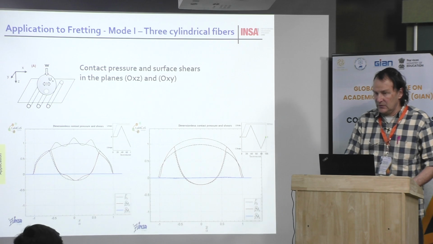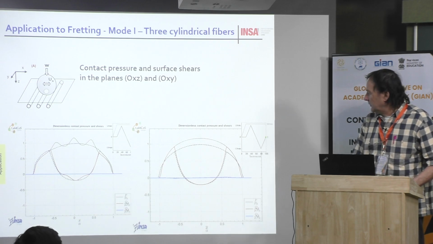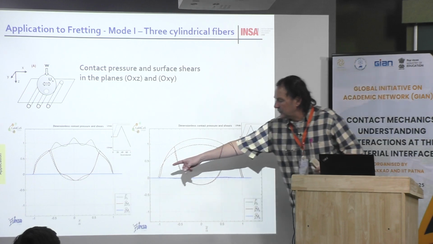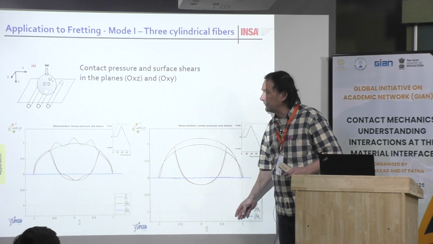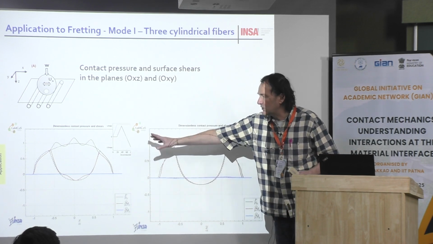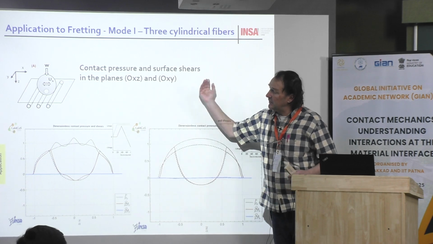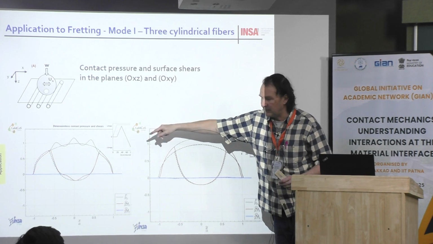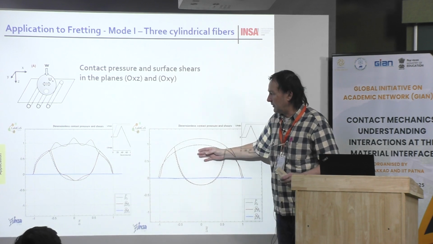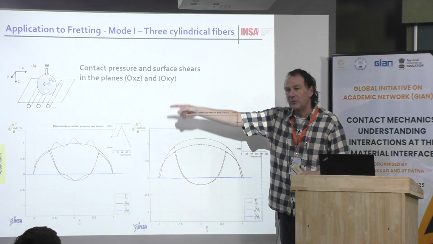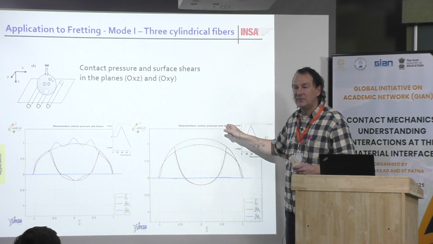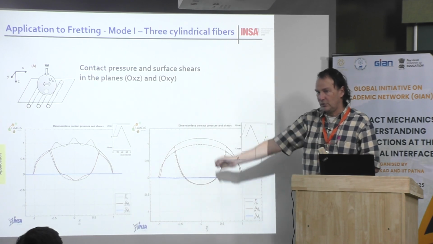The movement is along x only. And this is a cut, then the abscissa is along X, and here the abscissa is along Y. Okay? It's normal to see on the left side, because the X plane is along this direction, you can see the fibers. And here you are in the middle of the contact. You are just on the top of the middle fiber. Then you will not see the fiber by themselves, because this is just a cut view.